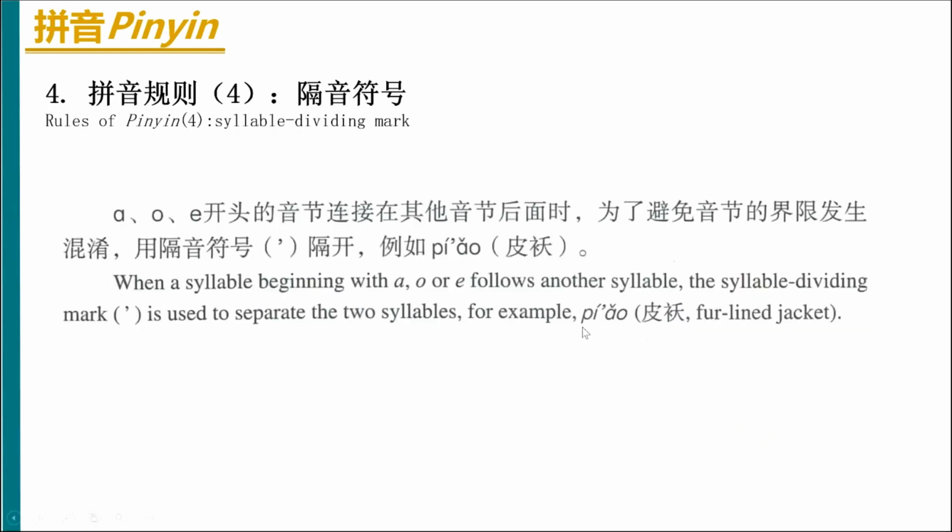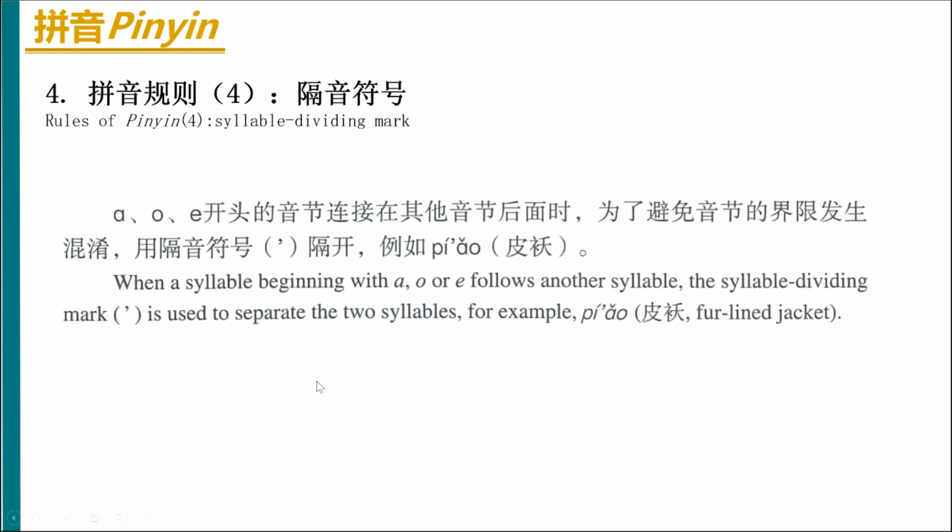The fourth rule of today's pinyin is the syllable dividing mark, like a comma, but in the head of the pinyin. When a syllable beginning with a, o, or e follows another syllable, the syllable dividing mark, like this, is used to separate the 2 syllables.